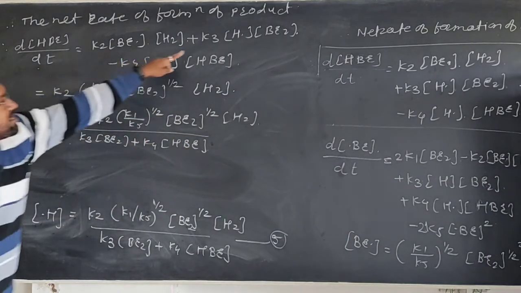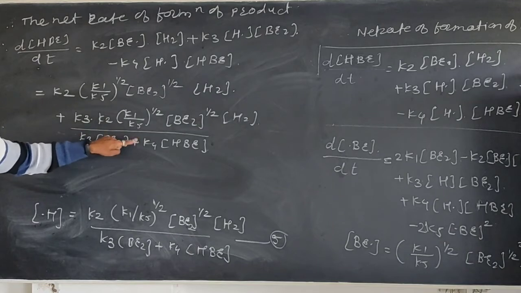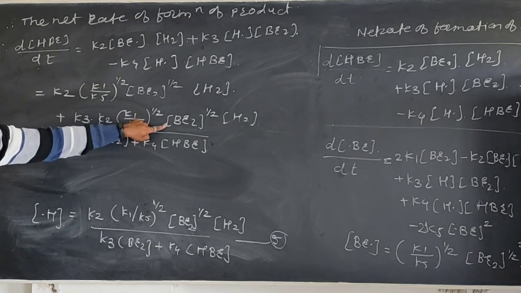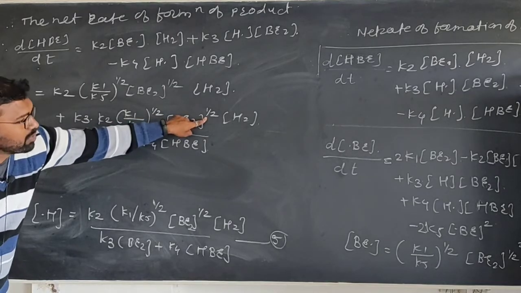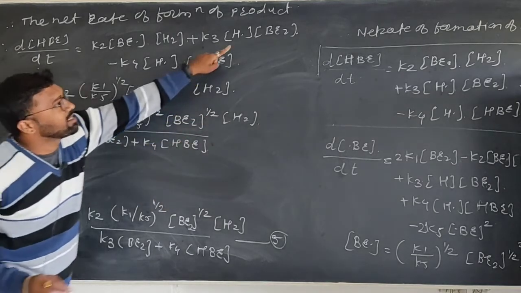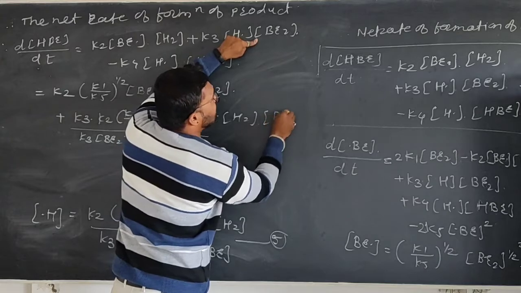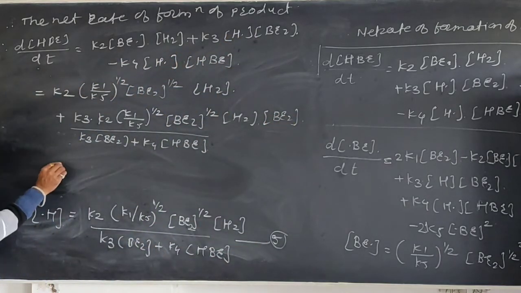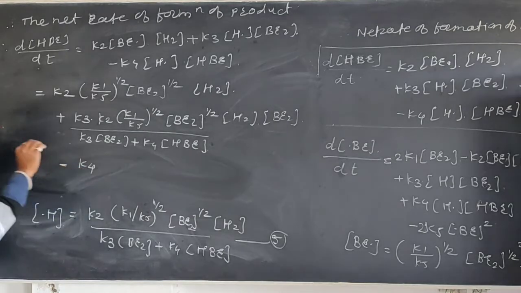Okay, K3 hydrogen free radical, the value is put: K2 into K1 upon K5 into Br2 raised to half, into H2, and this term Br2 as it is, okay, because this is present in the above equation, minus K4 as it is.